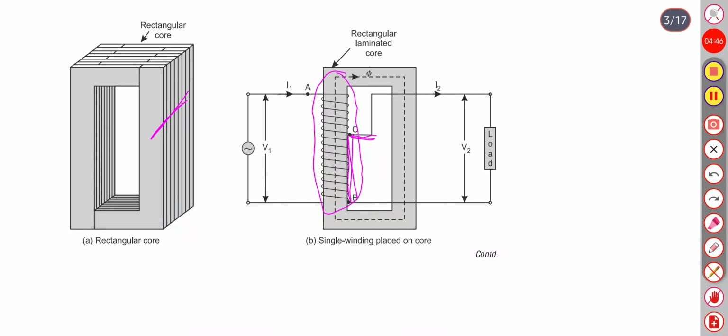AB point is the common point, and C is the variable point. B is a common point for the primary as well as secondary, and C is a variable point or it may be a fixed point also as per the requirement.